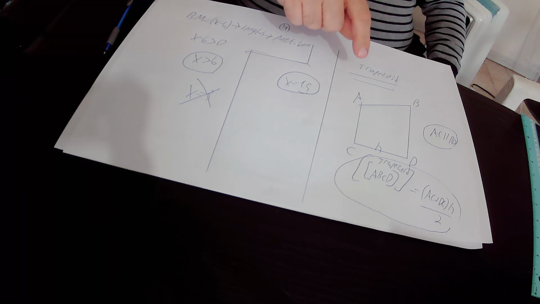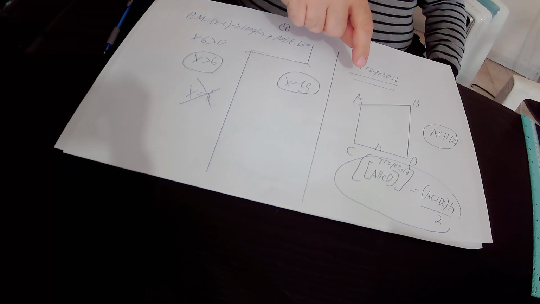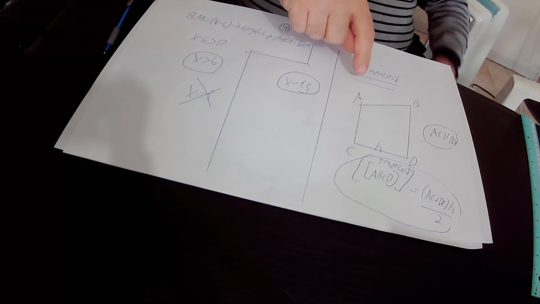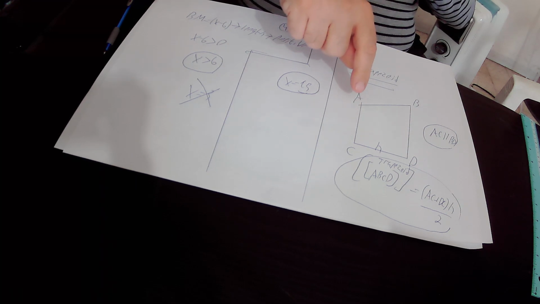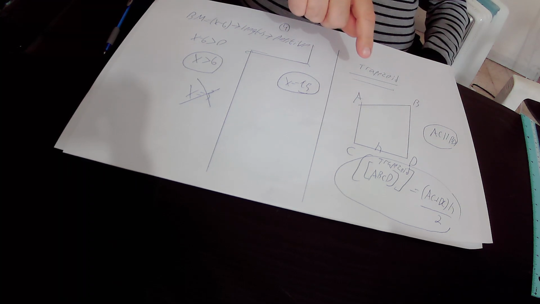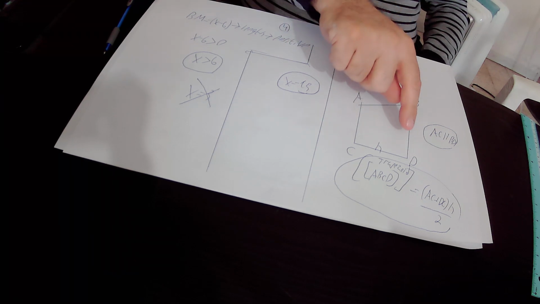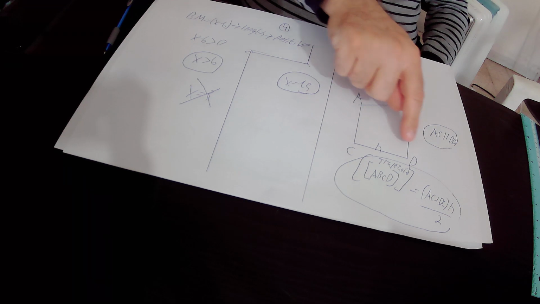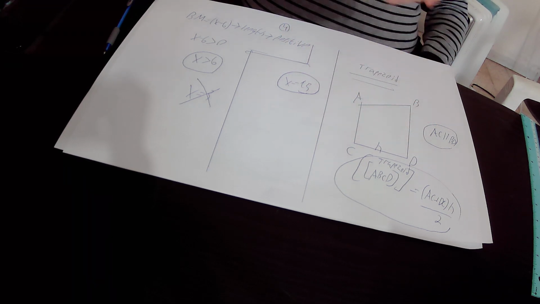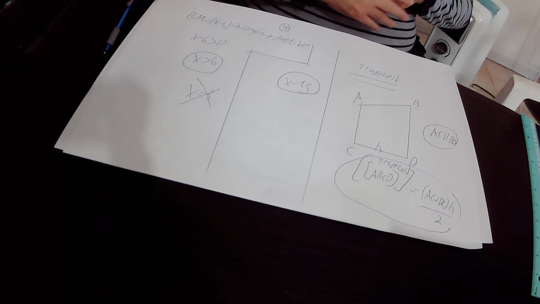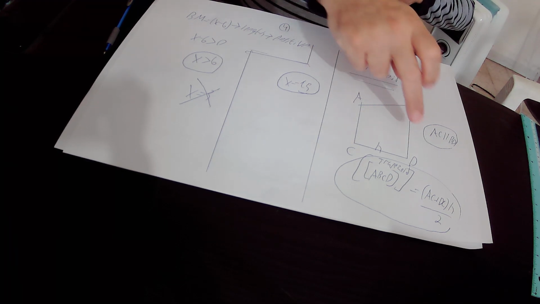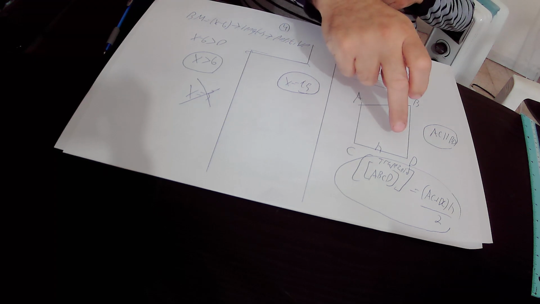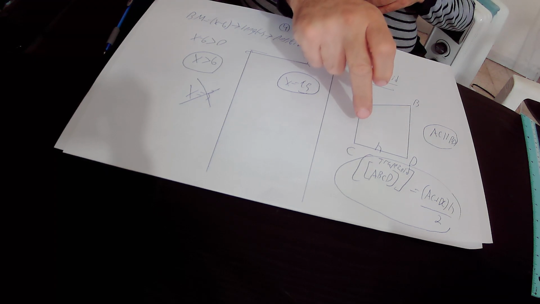The area of trapezoid ABCD equals the sum of its bases, the parallel sides AC and BD, times the height, over 2. Again, the area of a trapezoid equals AC plus BD times the height, which is CD, perpendicular at 90 degrees to the bases, over 2.